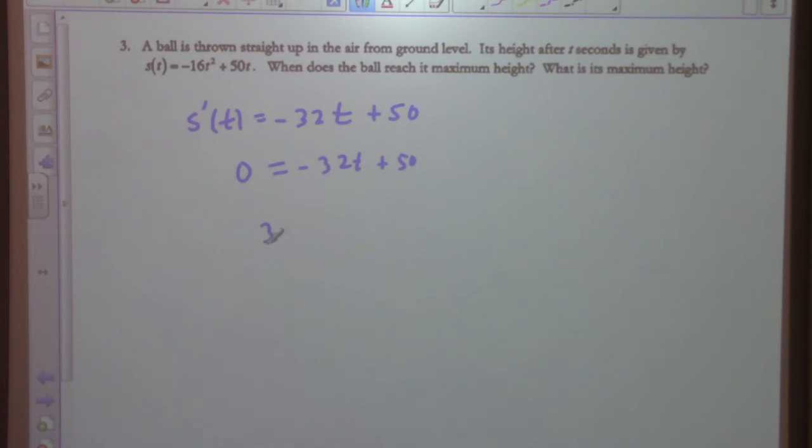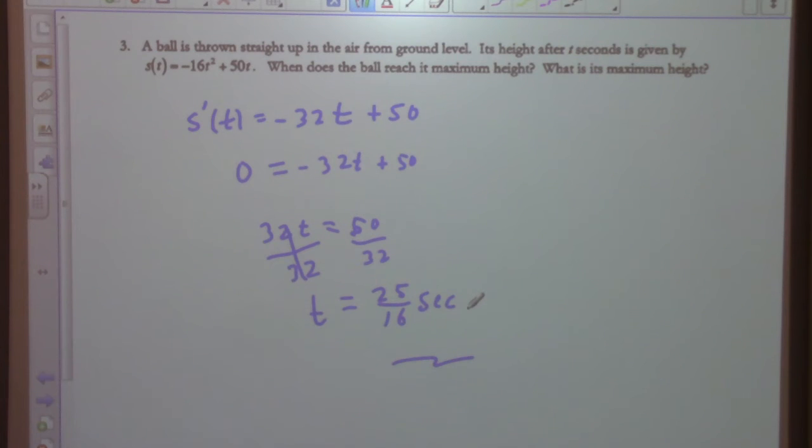So 32t is equal to 50. And then solve for t. So t is equal to 25 over 16 seconds, right? So that's going to be our answer.